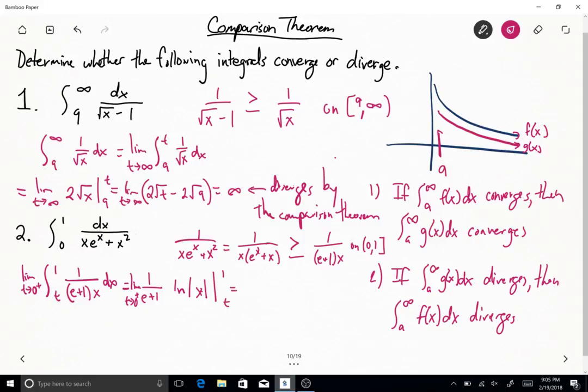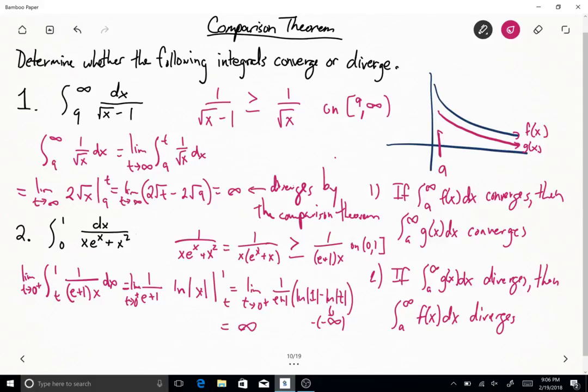So this becomes the limit as t approaches 0 from the right of 1 over e plus 1 times natural log of 1, which is equal to 0, minus natural log of t. But that's a little bit more interesting. This thing approaches negative infinity, so minus a negative infinity makes a positive infinity.